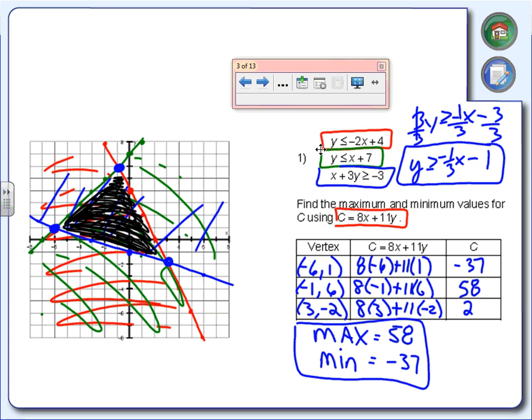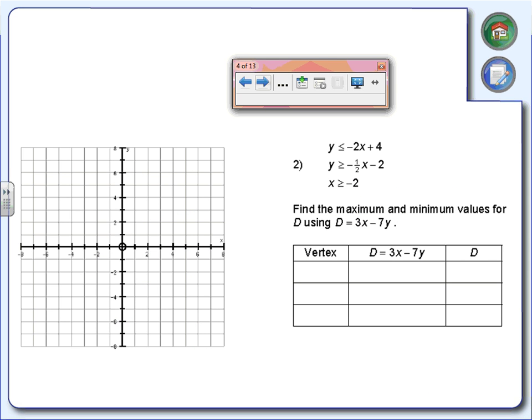All right, so that takes care of the first one. Let's do one more of these here. Number 2, again, same thing. Let's take this first inequality and let's graph it. Luckily, it's already in slope-intercept form. So positive 4 is where I'm starting. Negative 2 is the slope, so I'm going to go down 2, 1 to the right, down 2, 1 to the right.